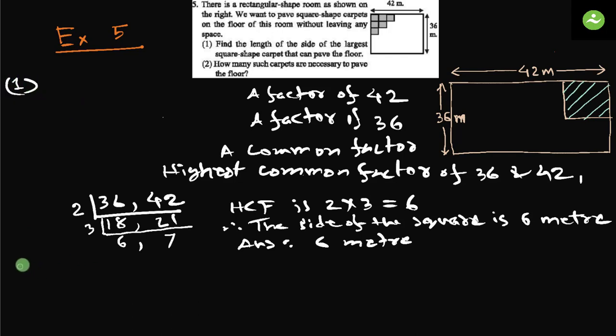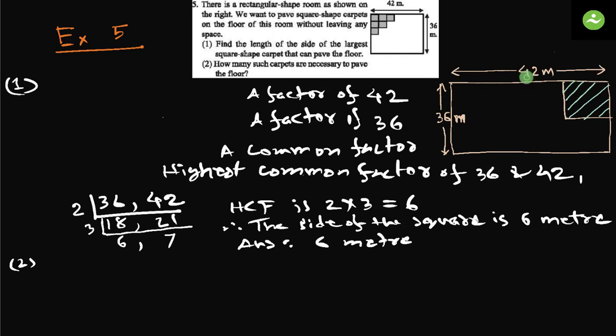Now we will do number 2. What does number 2 ask? How many such carpets are necessary to pave the floor? You will need more than one square shaped carpet, definitely. So how many carpets do you actually need? Here the floor is 42 meter in length, and the carpet is 6 meter.